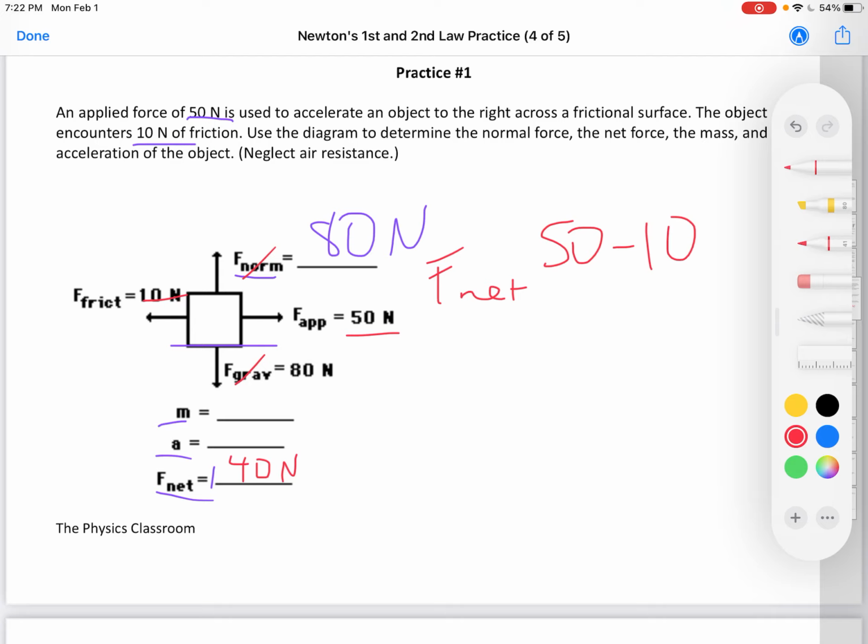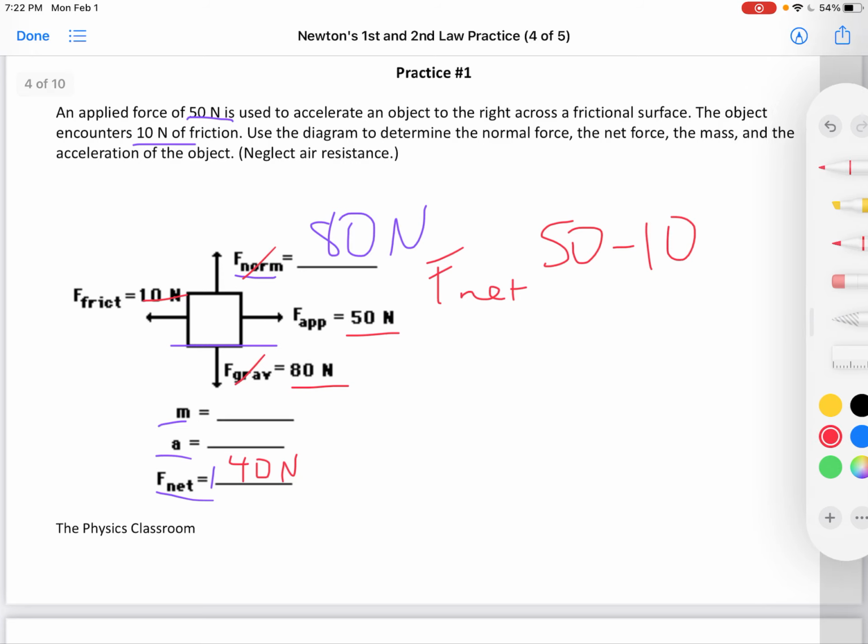Okay. Now, to get our mass, because we're not going to be able to get our acceleration, we have our net force. We need net force to find acceleration, right? But we can't find our acceleration unless we have our mass. So what we need to do is take our force of gravity.